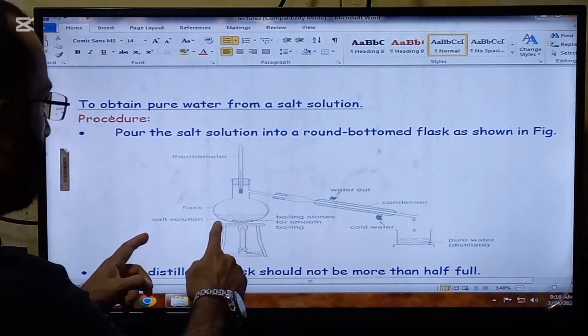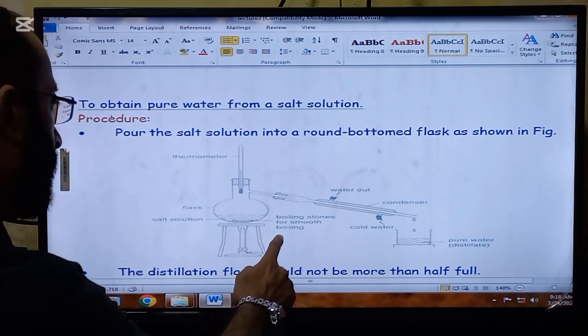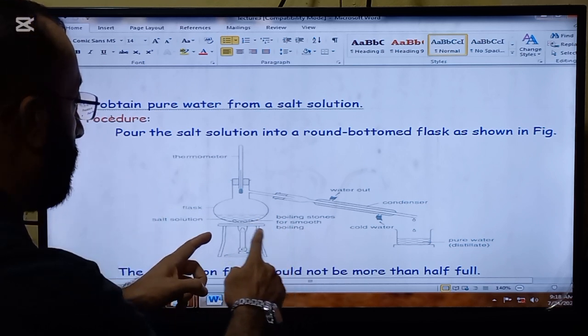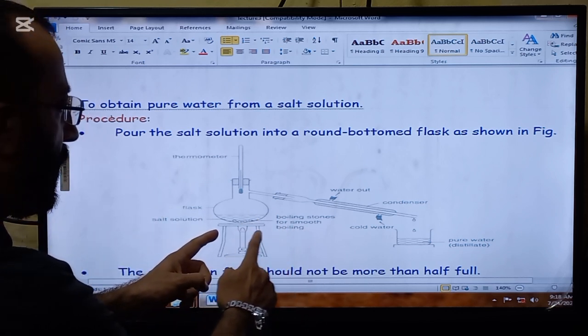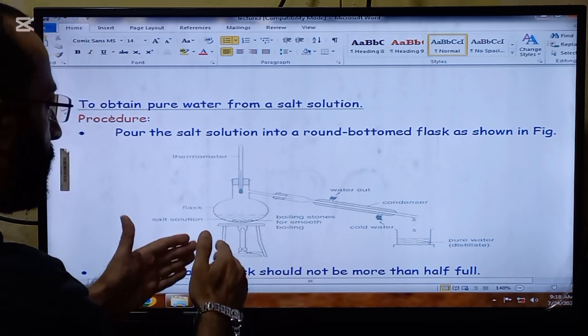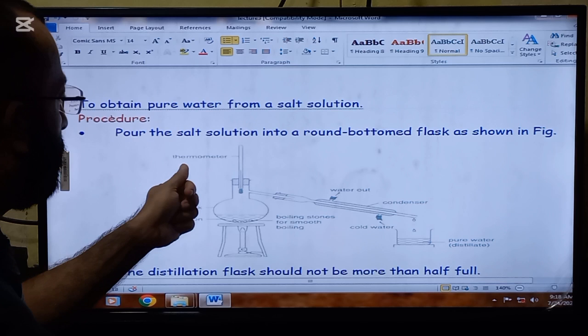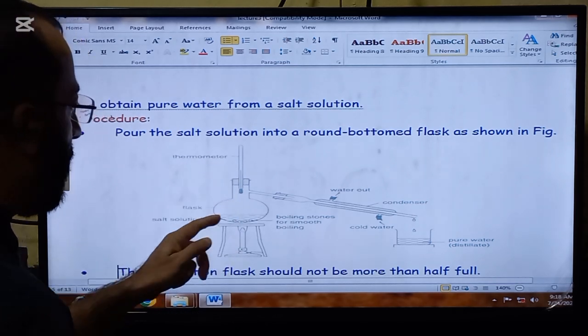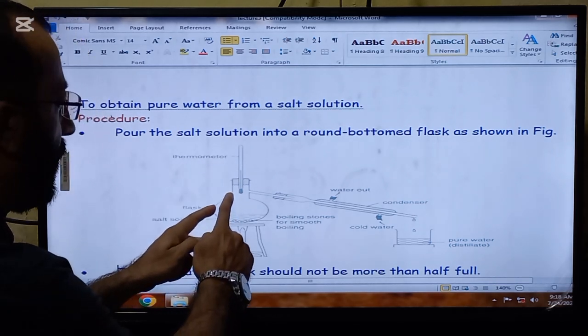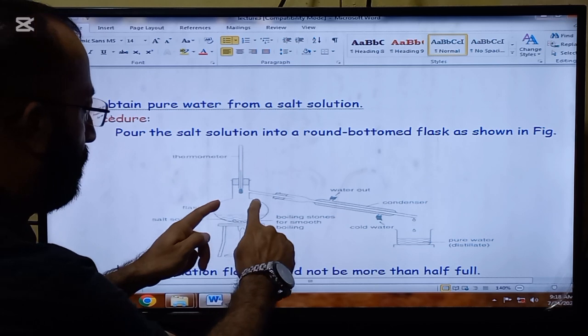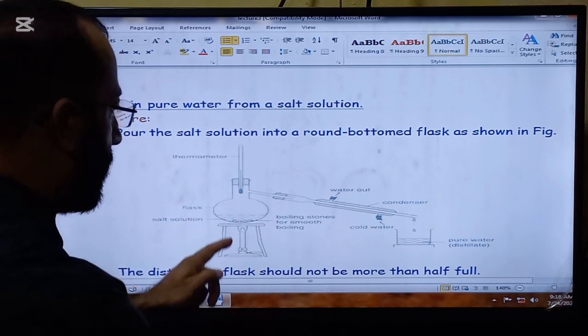The salt solution will be put into the round bottomed flask along with some boiling stones for smooth boiling. The function of the boiling stones is to distribute the heat uniformly into the water. The thermometer will be placed in such a way that the bulb of the thermometer is parallel to the condenser.